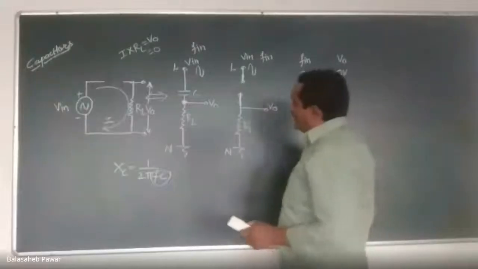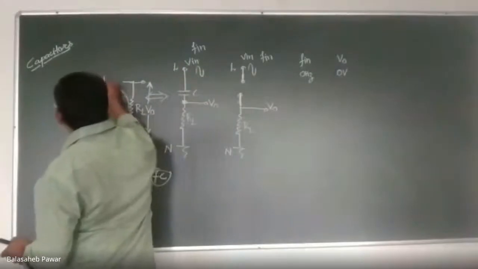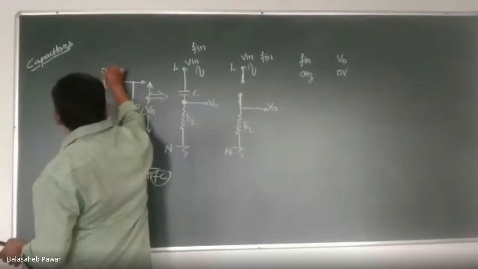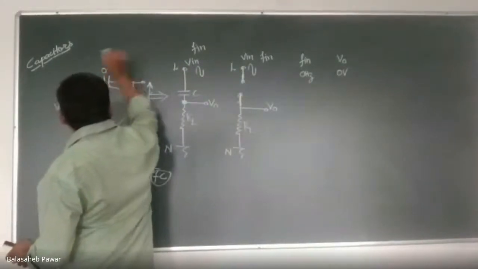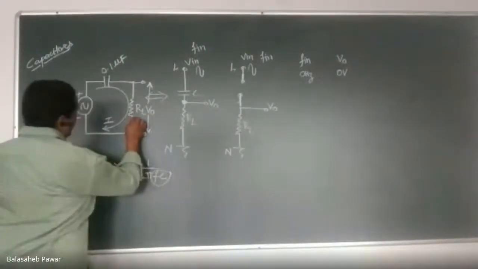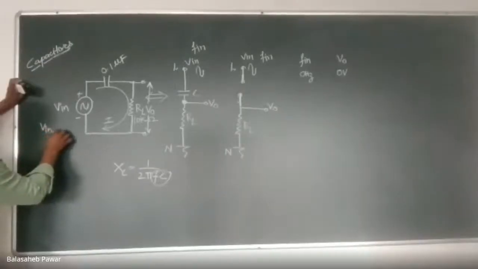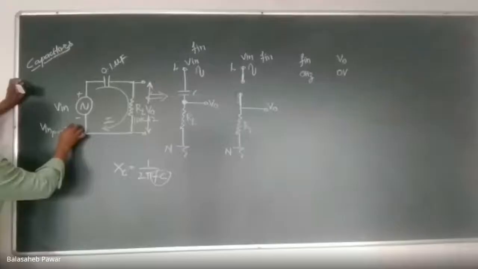Now we'll take an example where the used capacitor is 0.1 microfarad, and this RL is 10 kilo ohm. The input signal peak to peak is 10 volts.